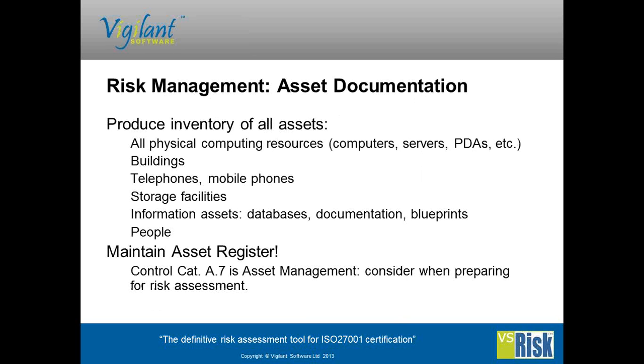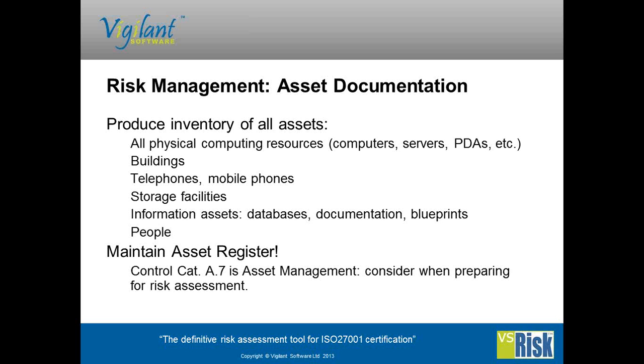Just a brief word about assets. In doing the risk assessment, one of the Annex A controls in ISO 27001 is that you should do asset management. You should consider creating and maintaining an asset register. ISO 27002 in Clause 7 talks about what might go into your asset register.